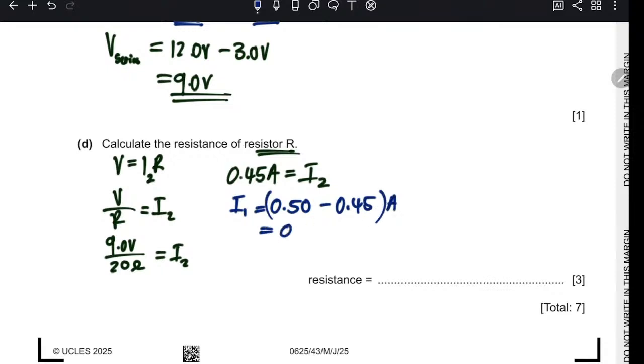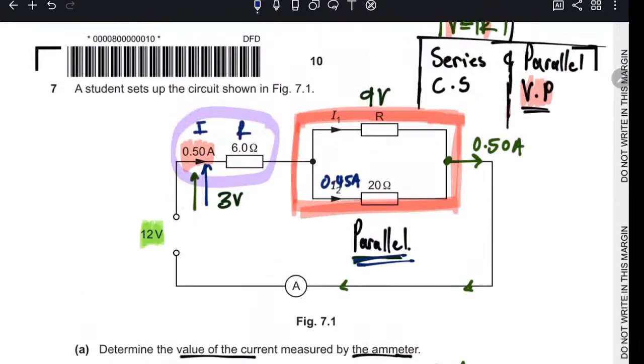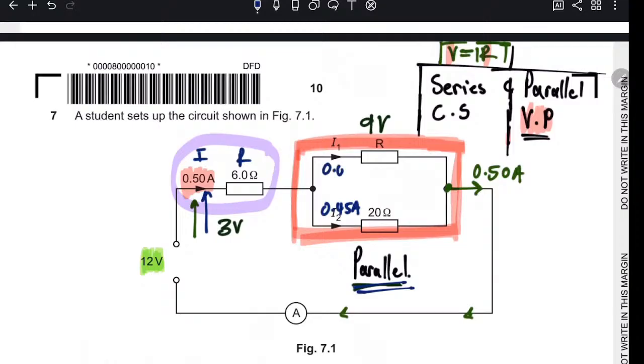This is 0.05 amps. And we know that it's 9 volts here because voltage is the same in parallel. So tell me R.